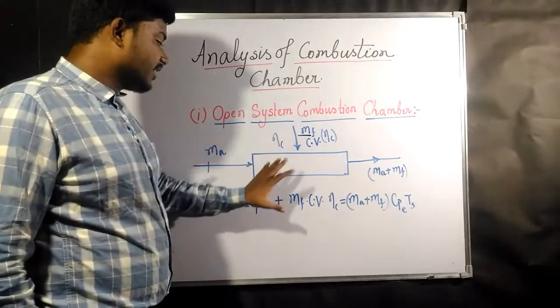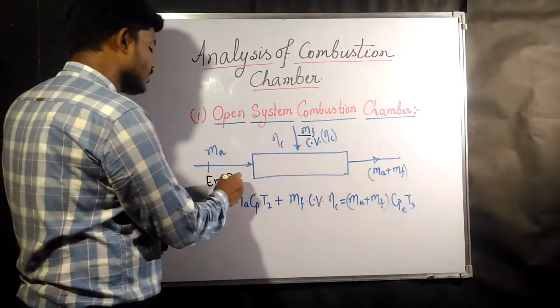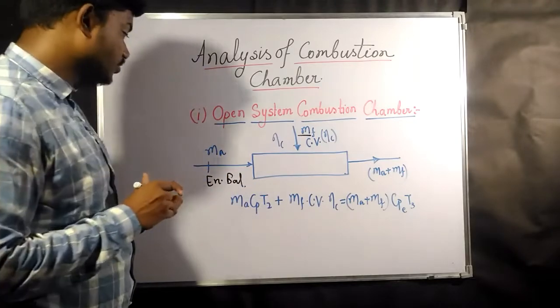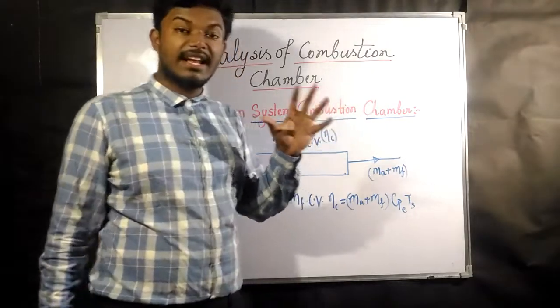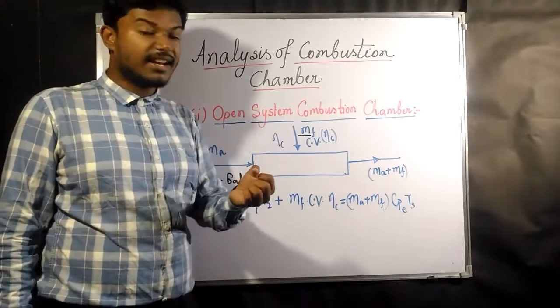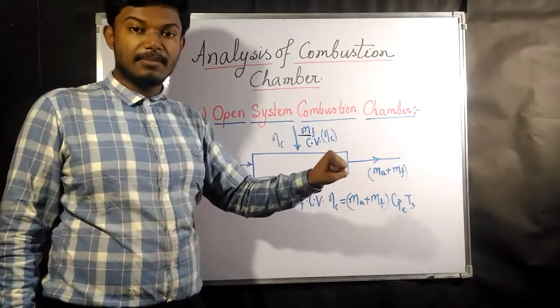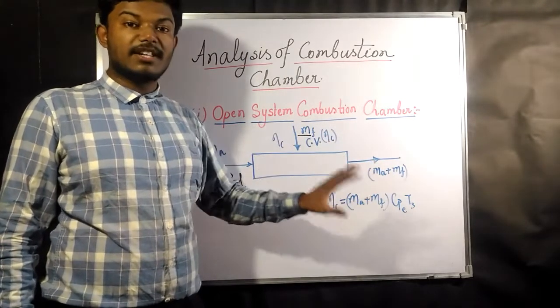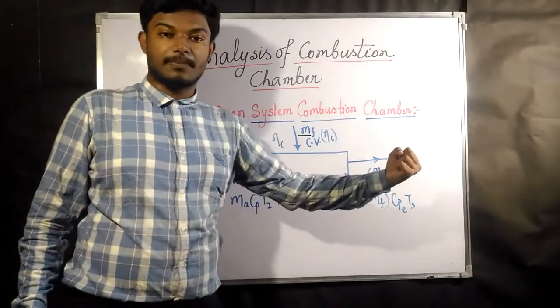Now after that, if we go for an energy balance, we will find that whatever energy the air or matter carries into the system as inlet must be equal to the energy of whatever substance is coming out of the system.